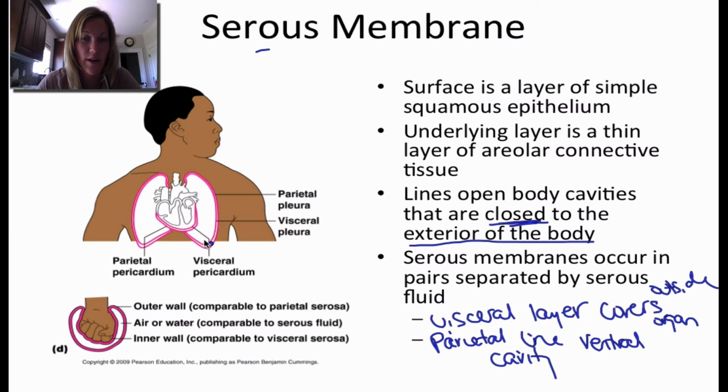So visceral is going to be the innermost, it'll cover the organ. Parietal is going to be the outer layer. Here's another diagram as well. The outer wall is going to be the parietal. Inner wall is going to be the visceral. And then the inside fluid is the serous fluid.